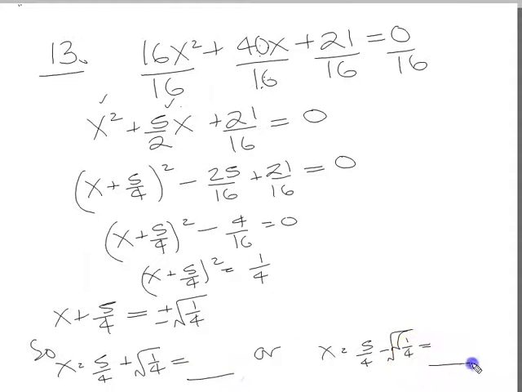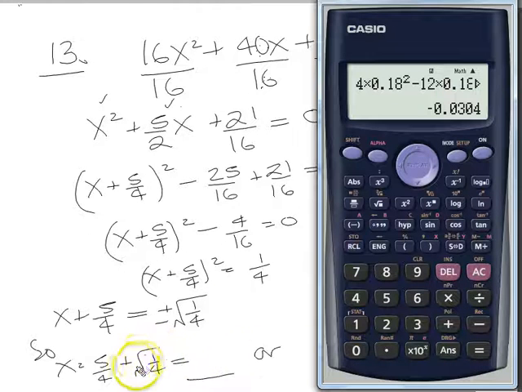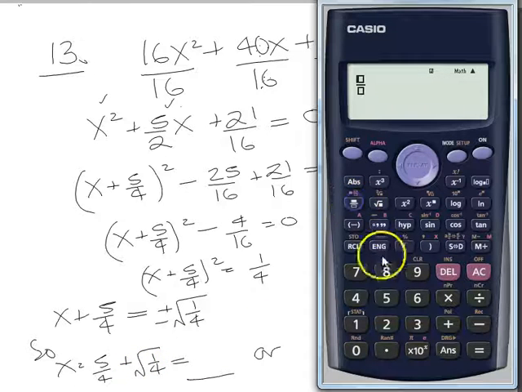So let's put that in the calculator then. What we'll do is try and write it so that we can just make an adjustment to get the other one. So it's going to be a fraction. 5 over 4, move along to ground level, plus square root of, it's a fraction, 1, tab down to 4, tab next, and that's it.